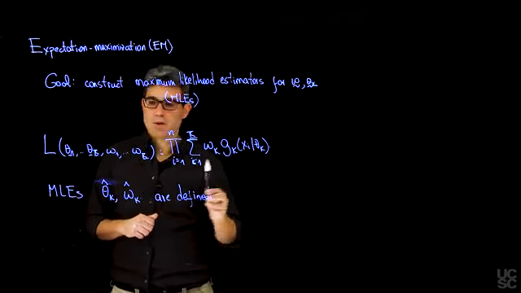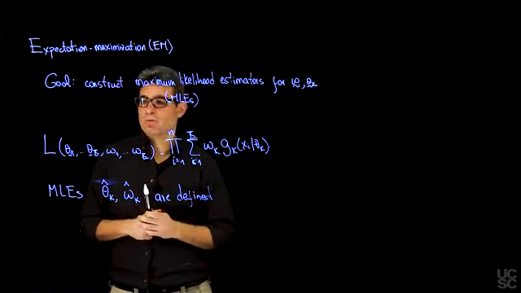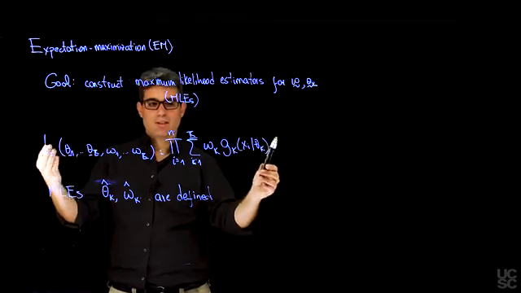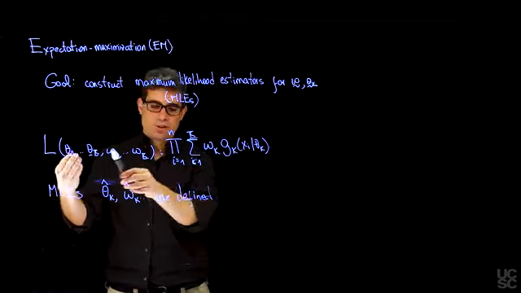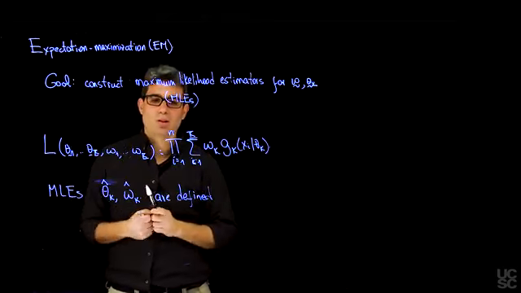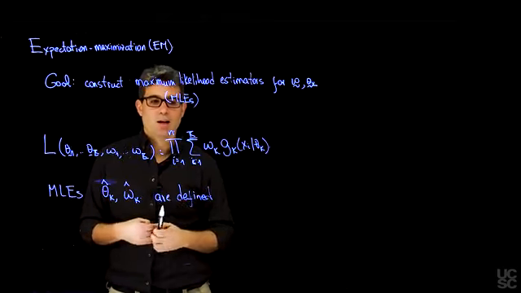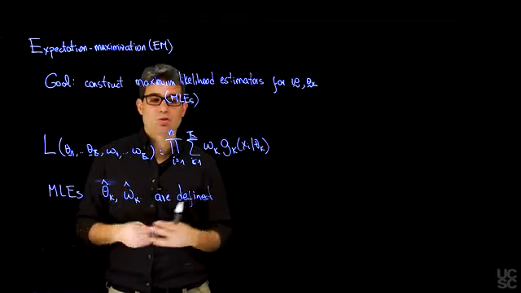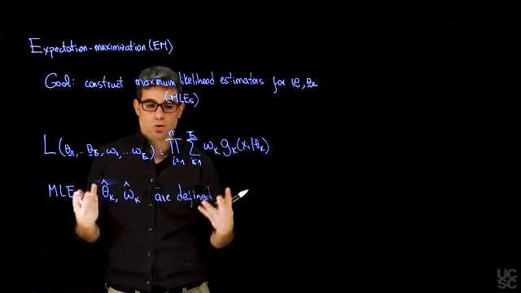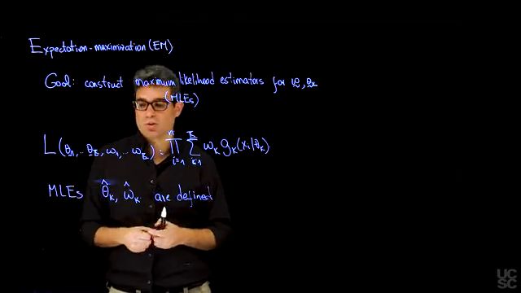As you may remember, the interpretation or the intuition for that is very clear. If we think that a particular set of values corresponds to the model that generated the data, then those parameters should be making the probability of what we actually observed be as large as possible.